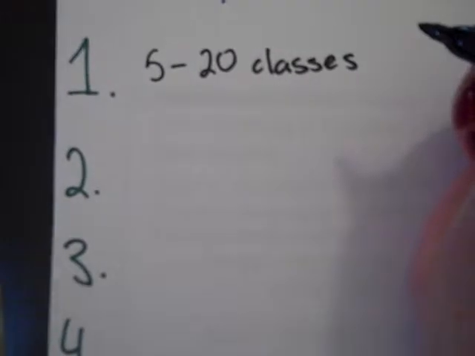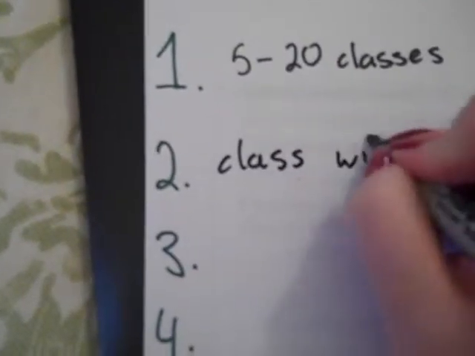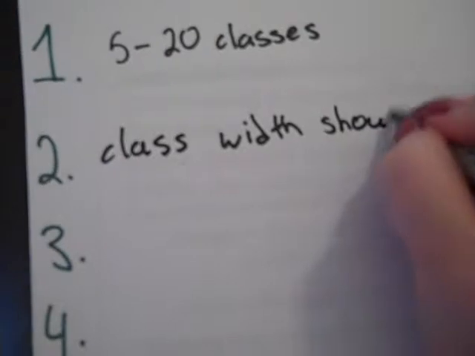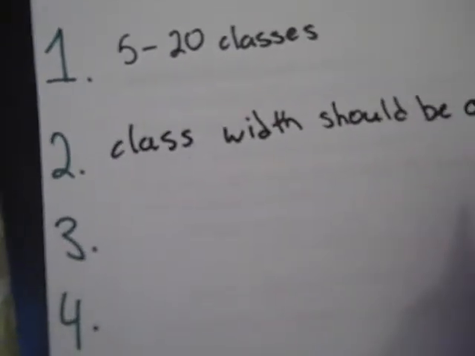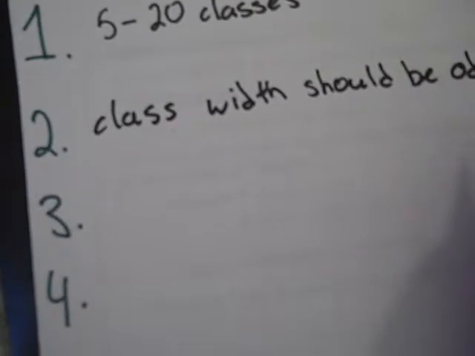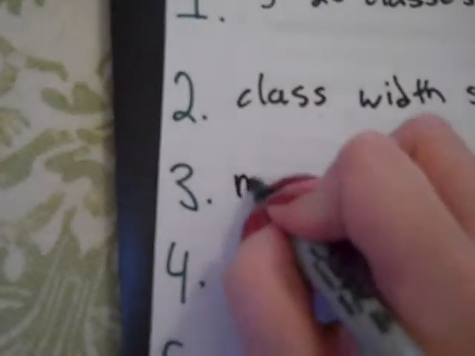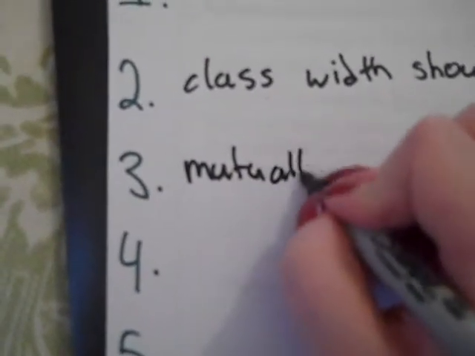The second rule, class width should be an odd number. The third one is the classes must be mutually exclusive.